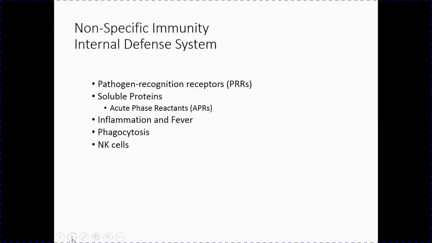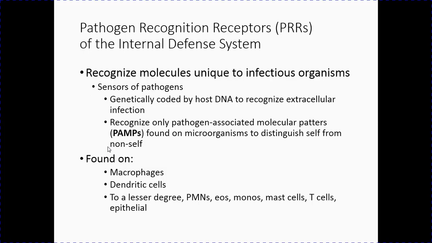We'll see down here, natural killer cells are clearly not a soluble component, and maybe it should have gone in another place. I don't know, but this is what we're looking at. This is our roadmap for the end of the chapter related to the internal defense system. We're going to look at pathogen recognition receptors, soluble proteins, inflammation and fever, phagocytosis, and natural killer cells.